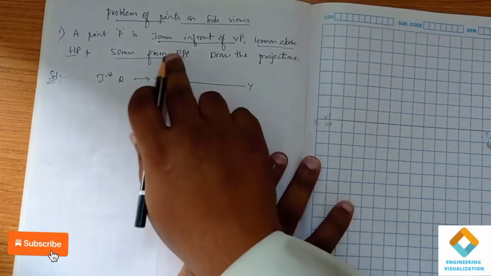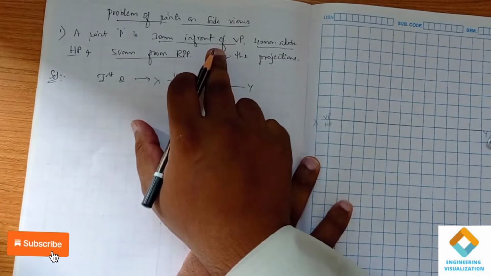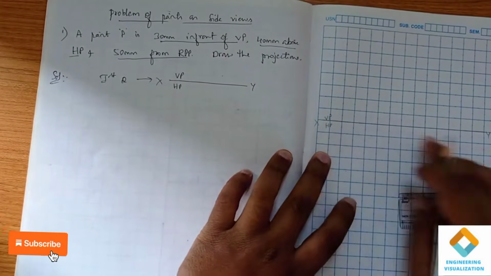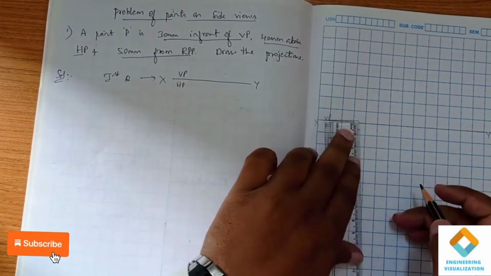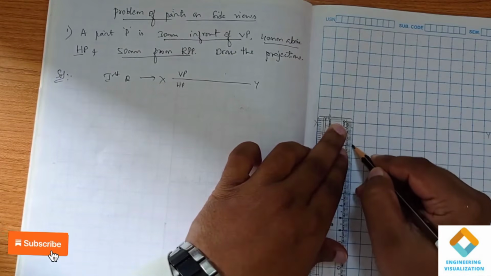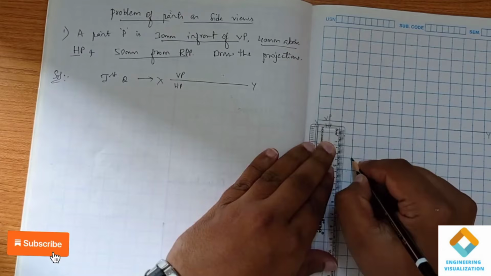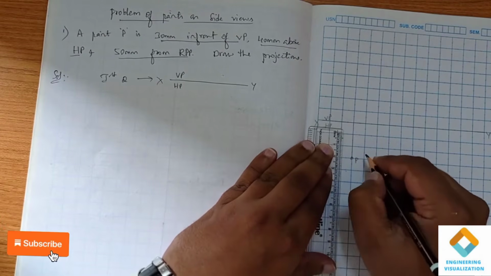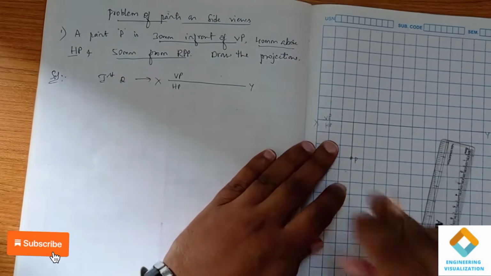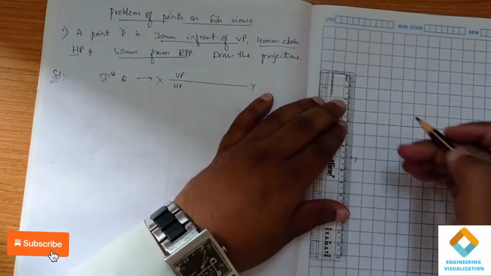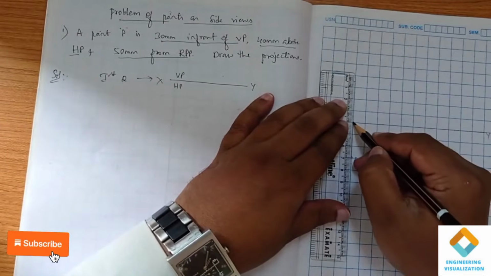So we know that 30 mm in front of VP means it is top view. So top view is drawn in the HP plane. So 30 means 3 boxes, and you put a point. So that is here the top view. Similarly, 40 mm above HP means it is our front view. It is 4 boxes.